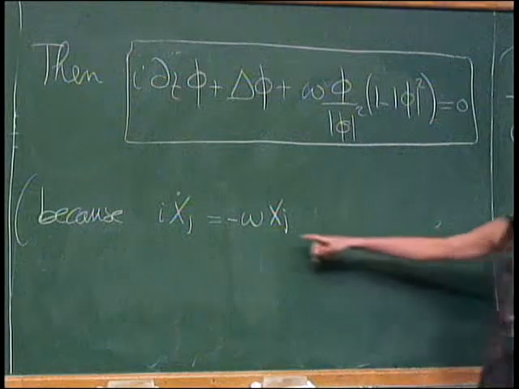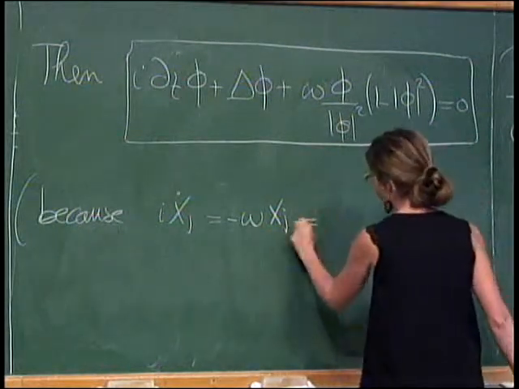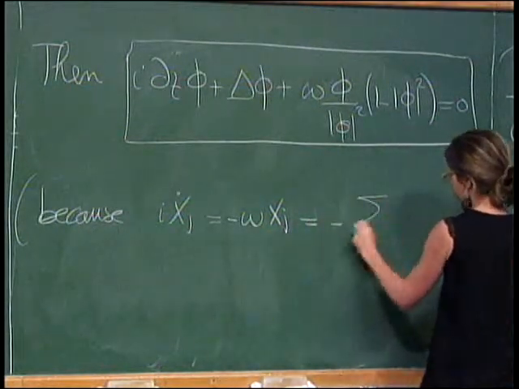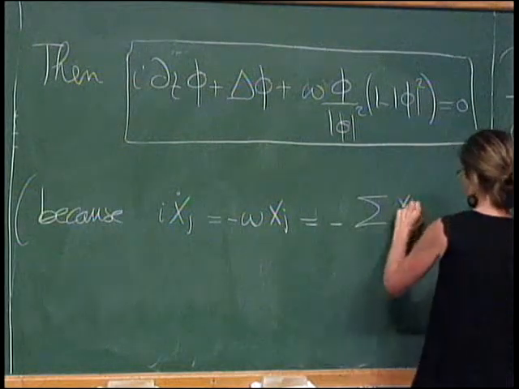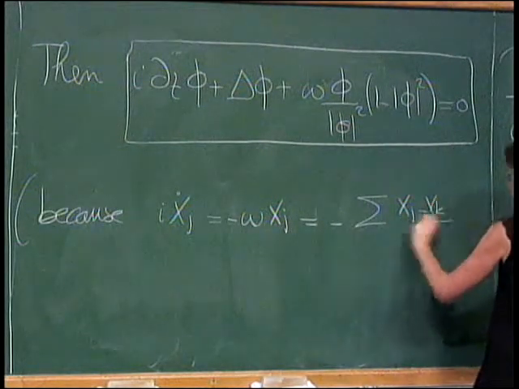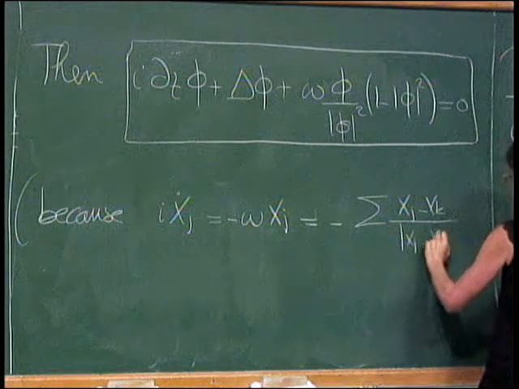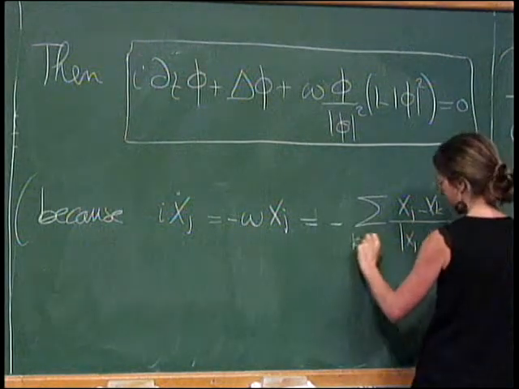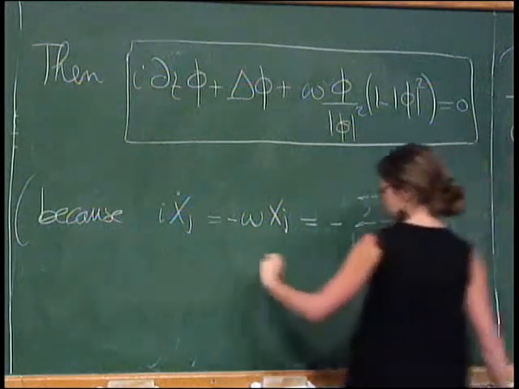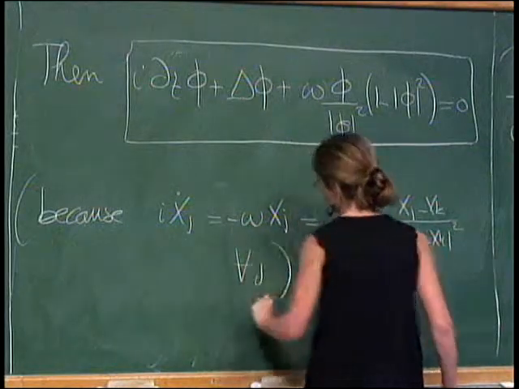So it's the same multiplication, and it's also equal to the sum of (xj minus xk) over |xj minus xk| squared for k different from j. And this is valid for every j, which is really important.